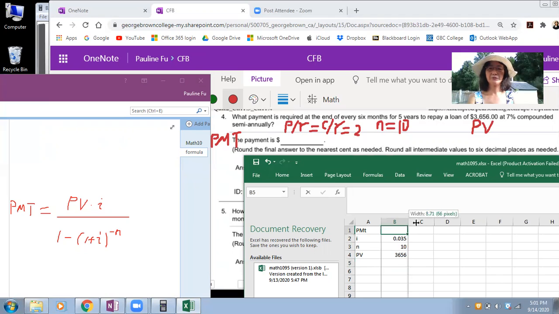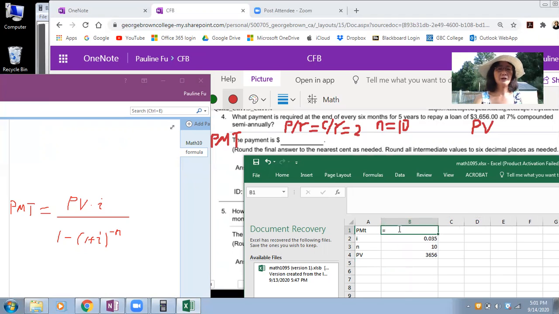So I'm going to do it here. So equal PV times I, divided by bracket 1 minus another bracket 1 plus I raised to power bracket negative N. Okay, so that is the formula for PMT.